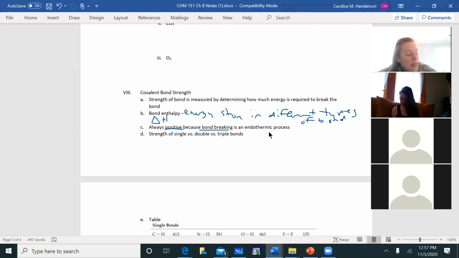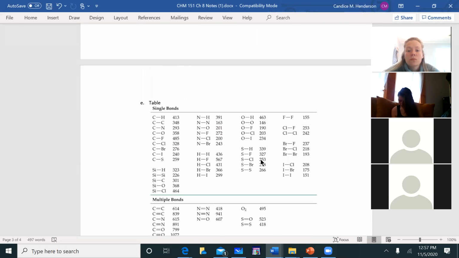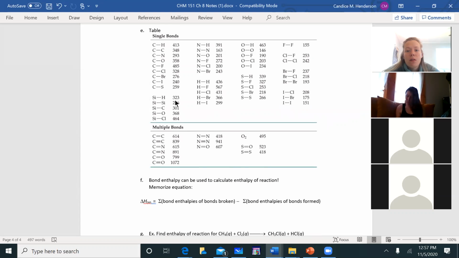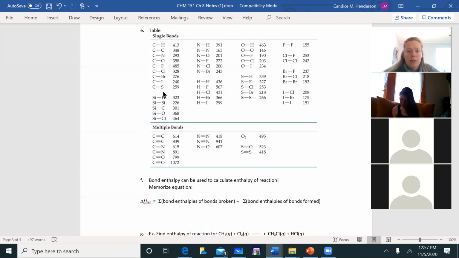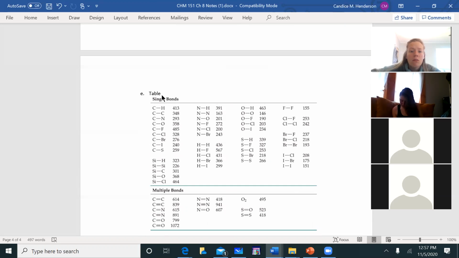So let's look at a chart that has a bunch of these values. All right, so here's a table, and this is in, it's not written on here, but this is in kilojoules per mole. So what we can see is all the different types of bonds that are happening, and these are all covalent bonds, so we're not having any sort of metal, non-metal ionic stuff here.